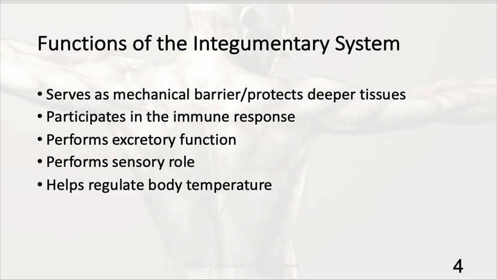The skin performs excretory functions. So for excretion and secretion, sweat glands help with removing fluid, water, of course, as we sweat mainly contains water, but it also helps with removing small amounts of waste products, such as urea.